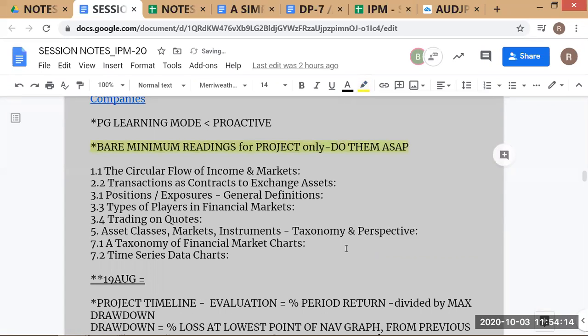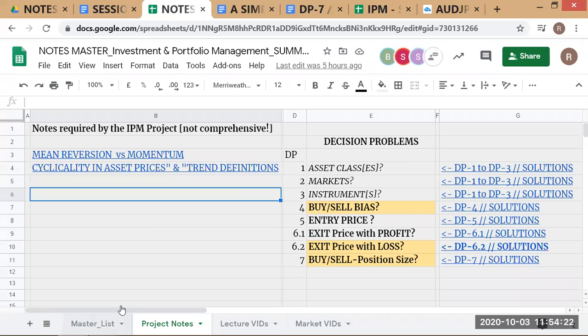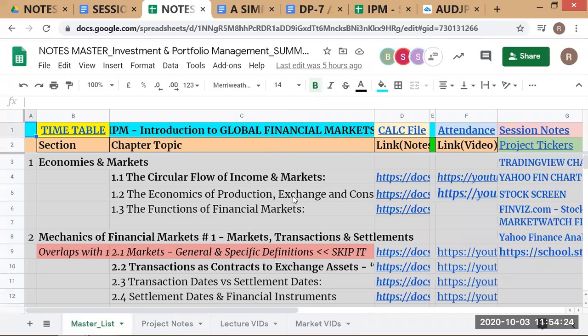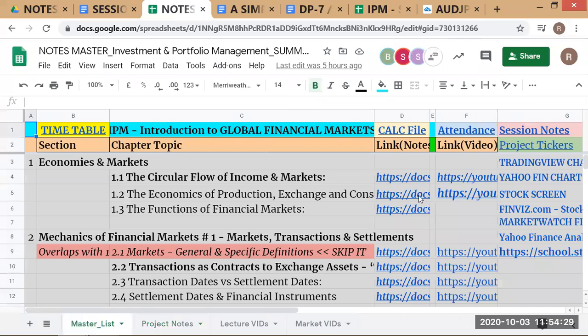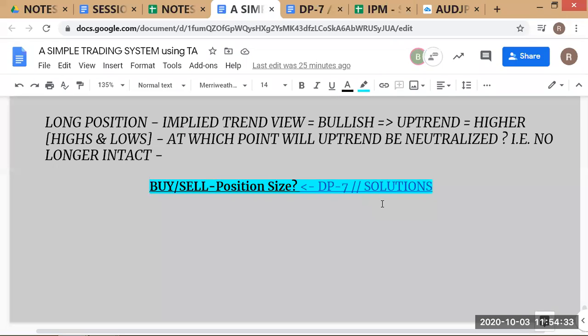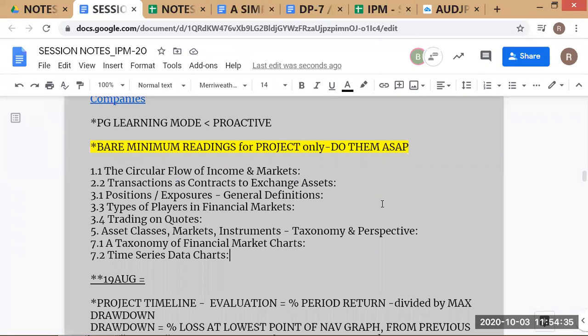Let's do yellow. So these chapters in your notes, these are your link to notes. Some of them have videos as well. These chapters, in addition to all the material in the videos, that is basically everything that's been covered in the class. Is this clear? That's your syllabus.